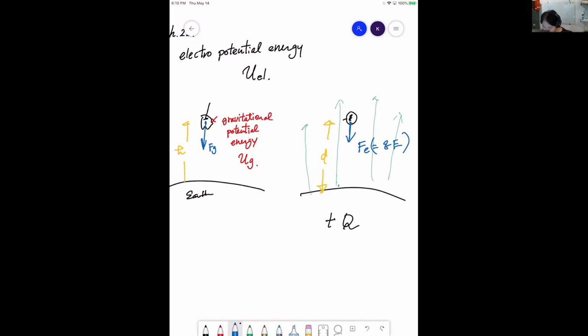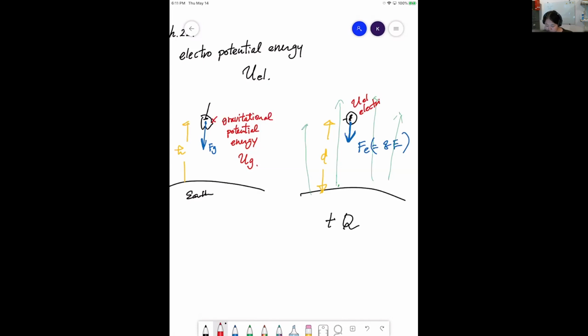So then there is an electric force on this little q, negative q, and then what happened? If you let go, this is going to move down, just like an apple moves down to the ground. So there is U_E, the electric potential energy at this location, just staying in the field.